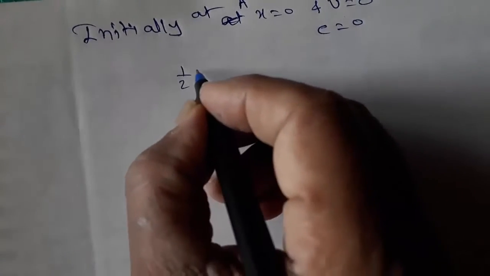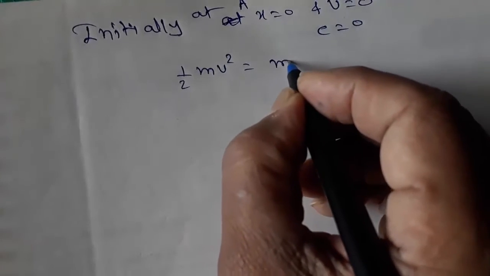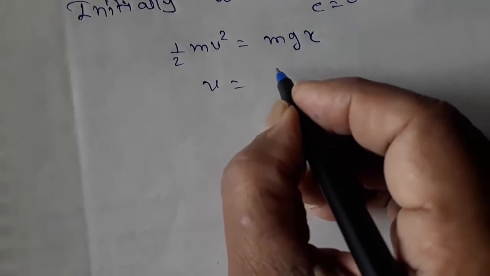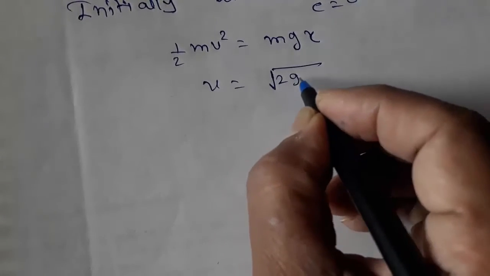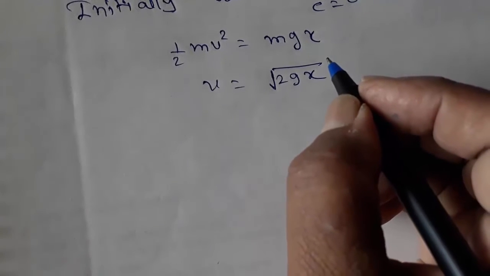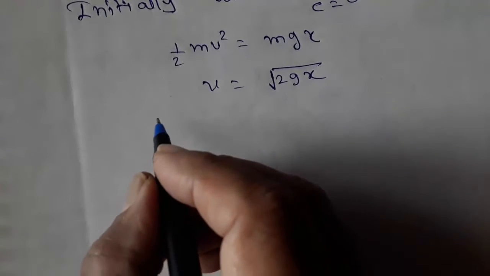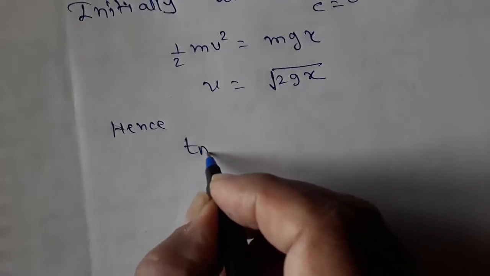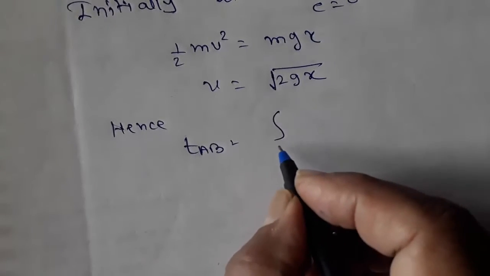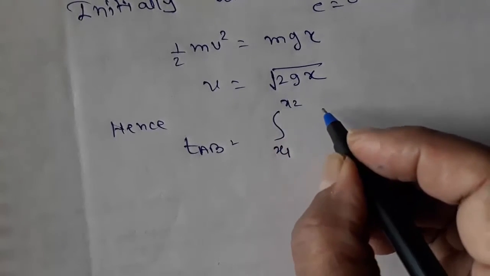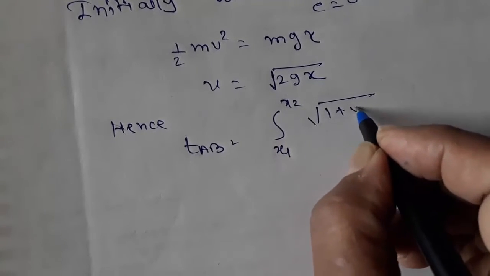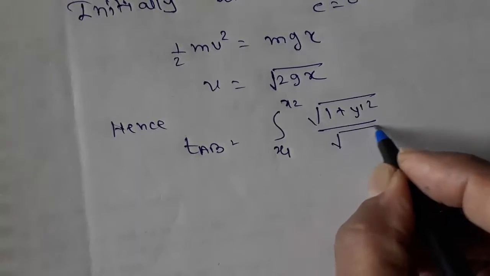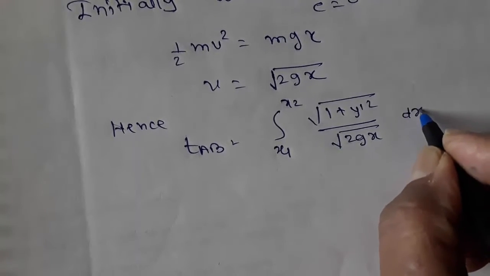Therefore 1 by 2 mv square equal to mgx, and from this we can calculate v equal to root of 2gx. Hence T_AB equal to integration from x1 to x2 of root of 1 plus y dash square divided by root of 2gx dx.